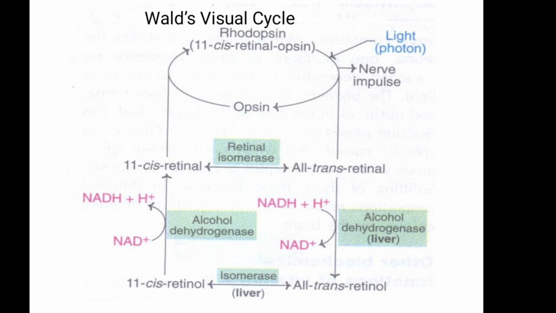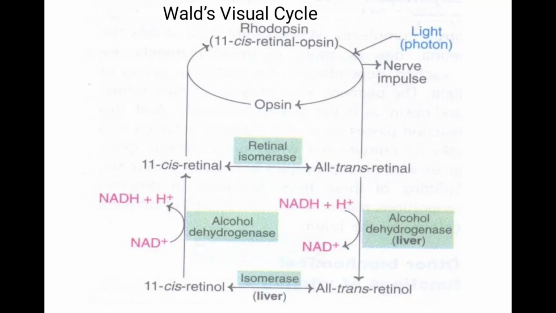The all-trans retinol undergoes isomerization to 11-cis retinol, which is then oxidized to 11-cis retinal to participate in the visual cycle. The rest we will see next class. So this Wald visual cycle is a very important 5 marks question.